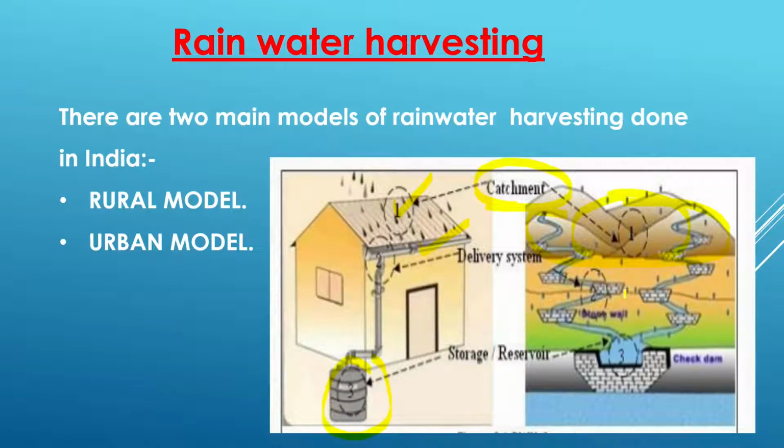Whereas in the rural area it is blocked by check dams on the way, and it is percolated into the water table, or it is collected in the lakes.